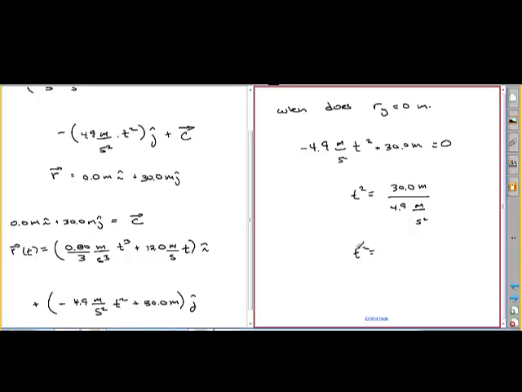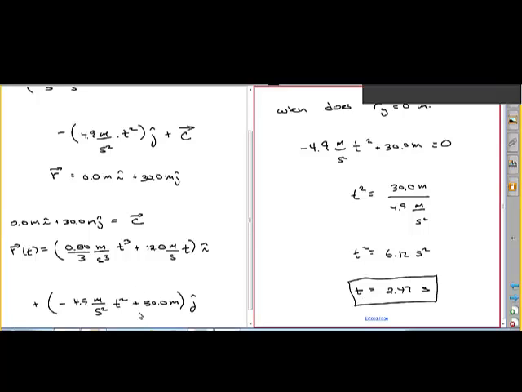And you get t squared is equal to 30 divided by 4.9, which is 6.12 seconds squared. Therefore t is the square root of that, which is 2.47 seconds. So that's the time it takes for the y component of the position vector to reach 0.